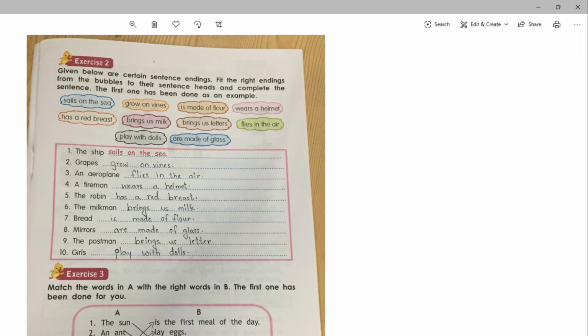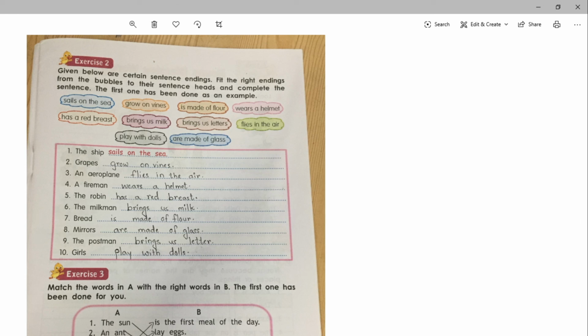An ant has 6 legs. Breakfast is the first meal of the day. Hens lay eggs. Sunday is the first day of the week. Snakes live in the hole. Trams run on rails. The boys play in the park.